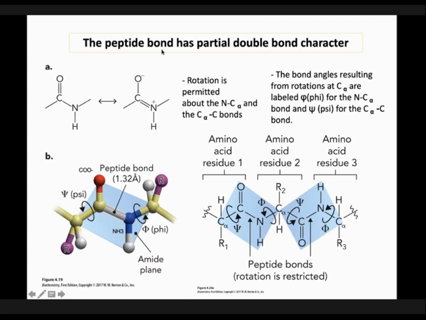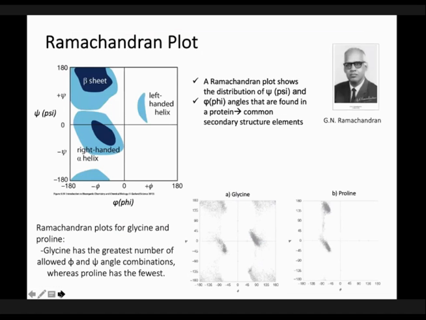And what else from here? Okay, so there are some angles between the peptide bond and the amino group and the peptide bond and the carboxylic group. They call it phi angle right here and psi angle right here. What do you have to know from here? Okay. There was this scientist called Ramachandran, and he actually studied the angles of the amino acids, right? Of the proteins.